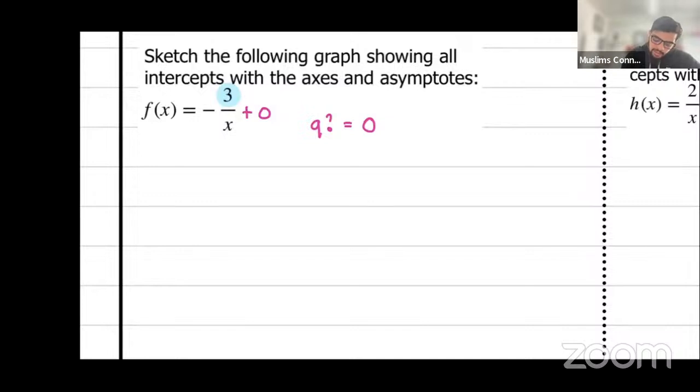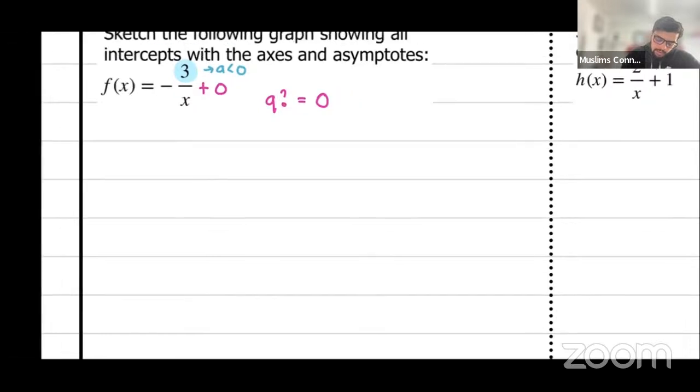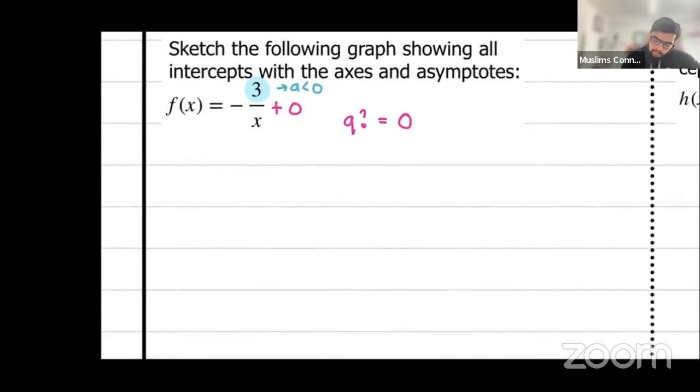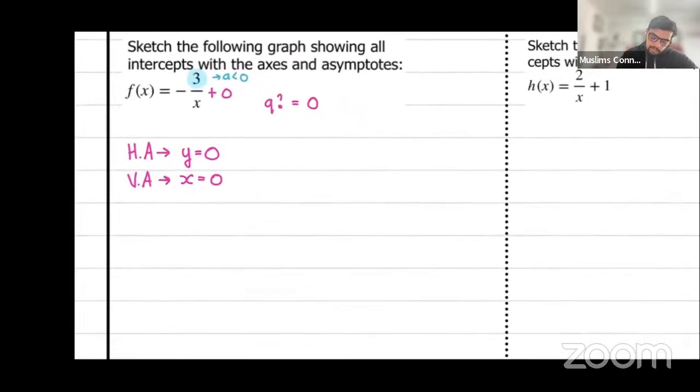It's negative 3 over x plus 0, sorry. A is actually less than 0 because of this negative here. Negative 3, and there's no q. It's like having plus 0. So the horizontal asymptote, remember, always has the equation y is equal to q. So now the horizontal asymptote is y is equal to 0. And the vertical asymptote is always, for now in this grade, x is equal to 0. So we draw up a little function.